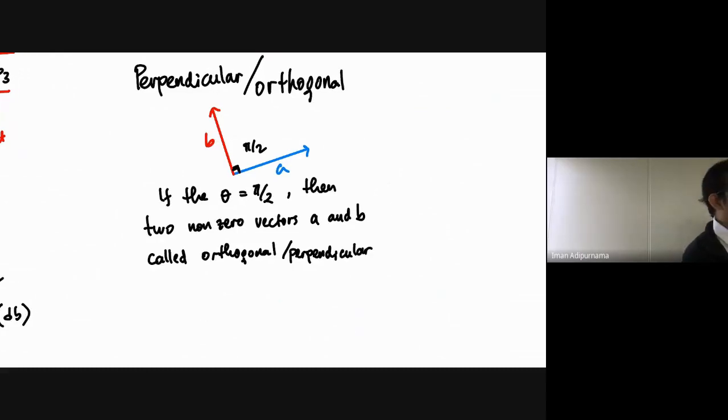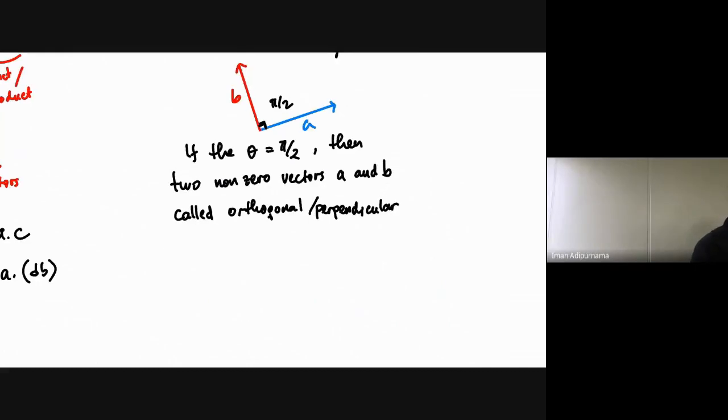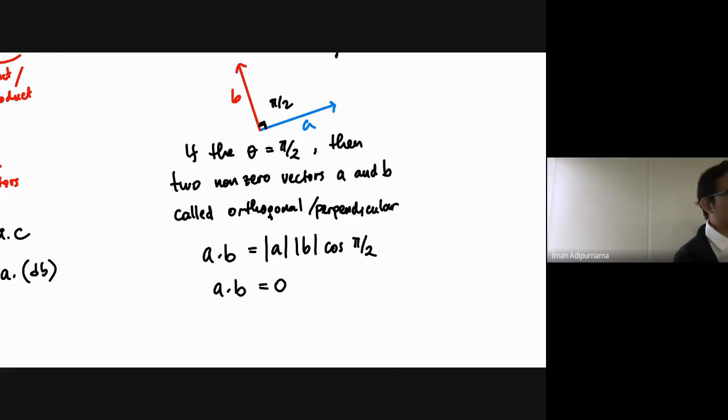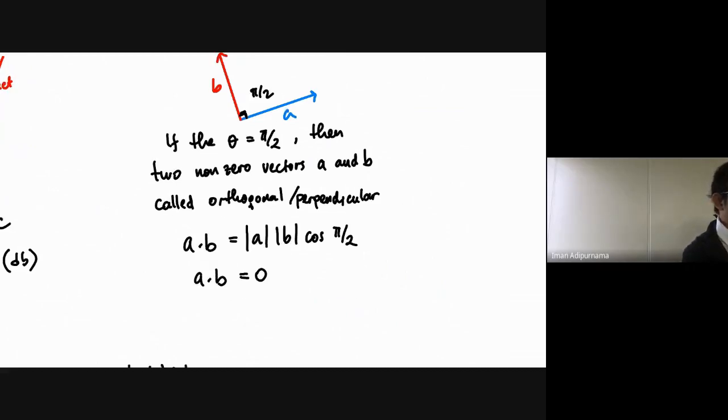So whenever you find the terms perpendicular or orthogonal, it means the angle is pi over 2, which means in our calculations, this becomes 0. So whenever you dot the A and B, two vectors, and it becomes 0, it becomes the requirement for perpendicular. So two vectors are orthogonal if A dot B is 0.